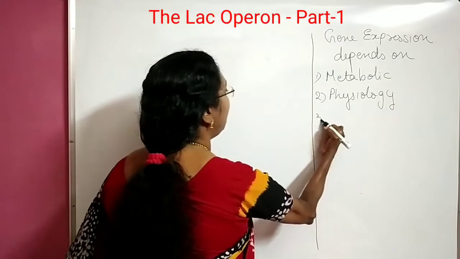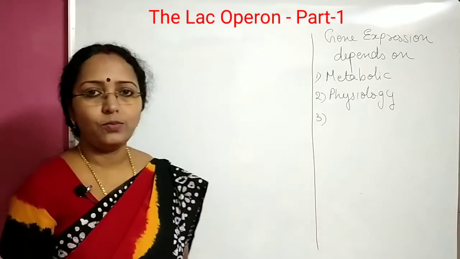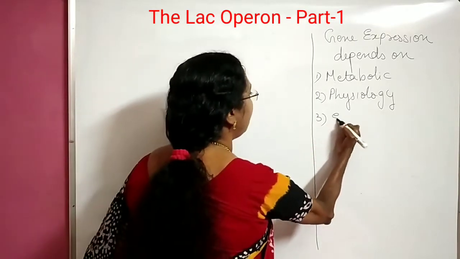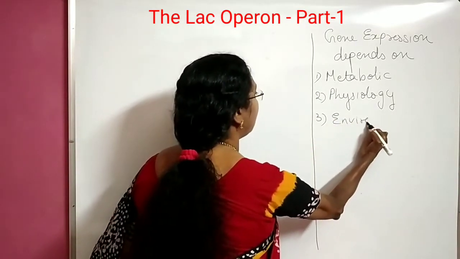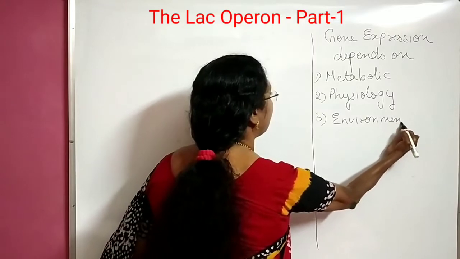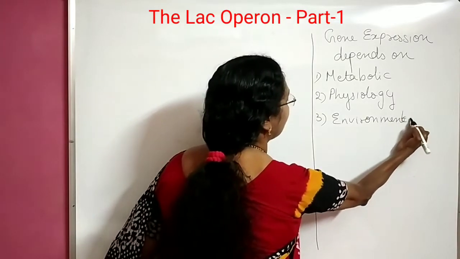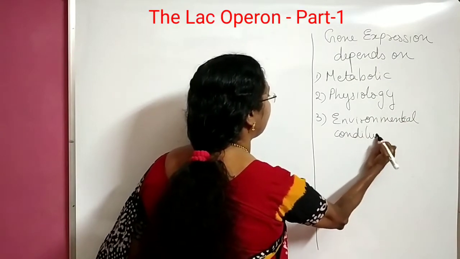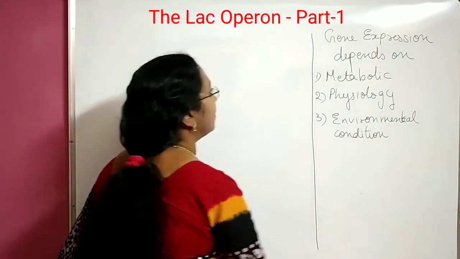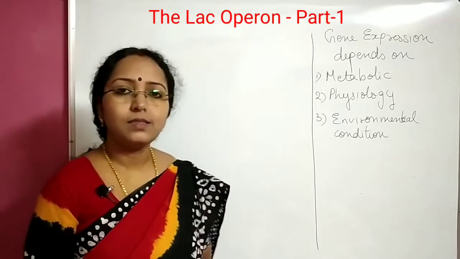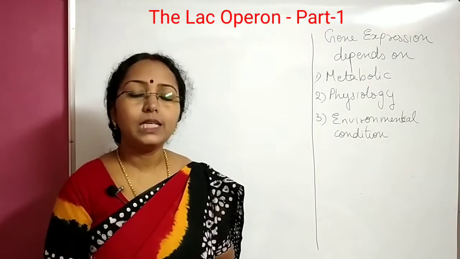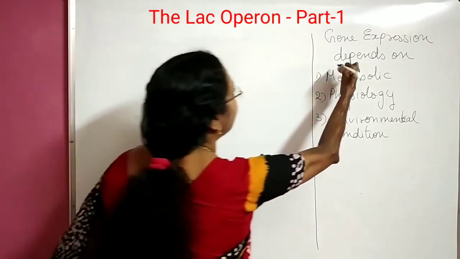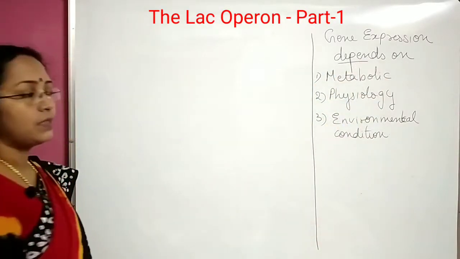That is the nature of the state of your body, what your physiology is. And the third one, it depends upon the environmental condition. So there are three different factors on which the gene expression is regulated. That is very important for us to know.